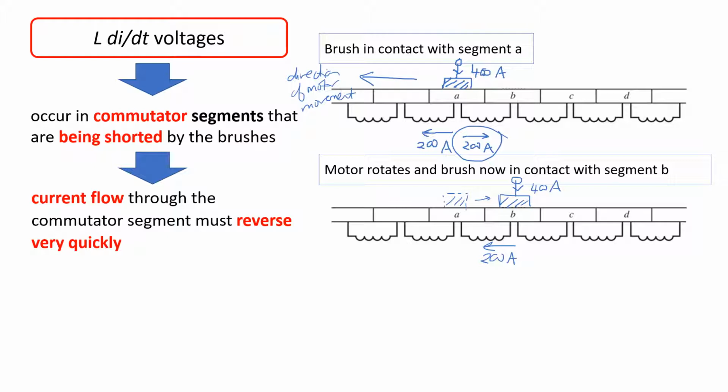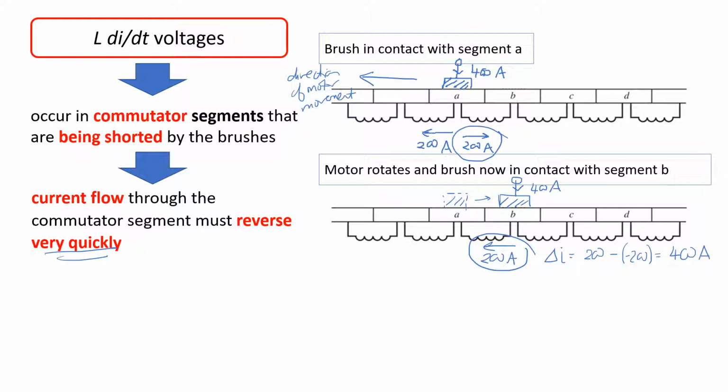If you take right as positive, then 200 amperes minus negative 200 amperes is a total change in current in that coil of 400 amperes. And this reversal of current direction from right to left happens very quickly.